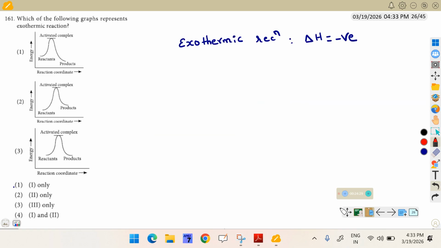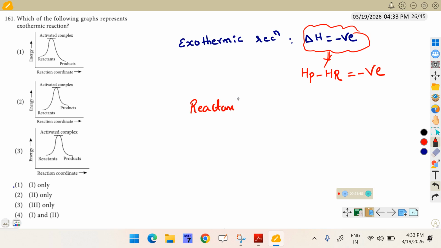Which of the following graphs represents an exothermic reaction? For exothermic reactions, the delta H value is negative. How to calculate delta H value? Delta H is equal to HP minus HR. The value is negative. That means the reactant's enthalpy is more compared with the product's enthalpy.